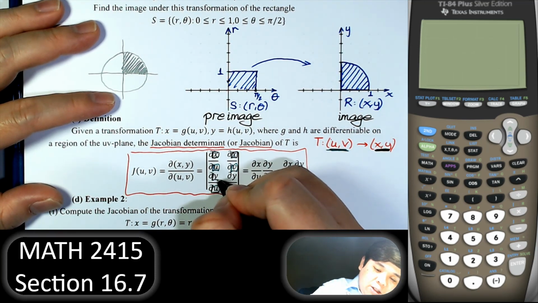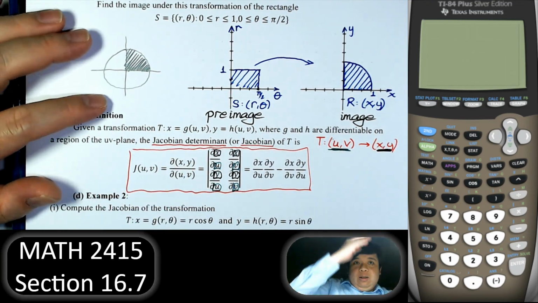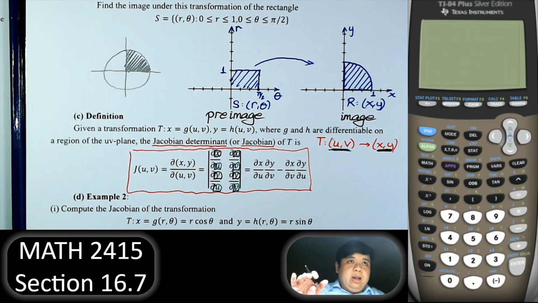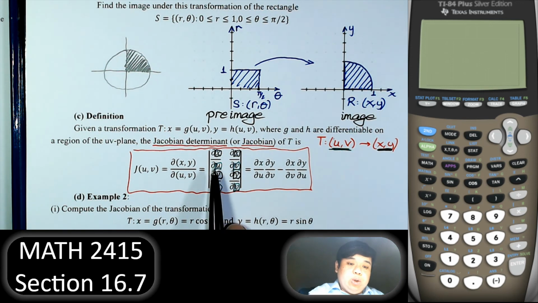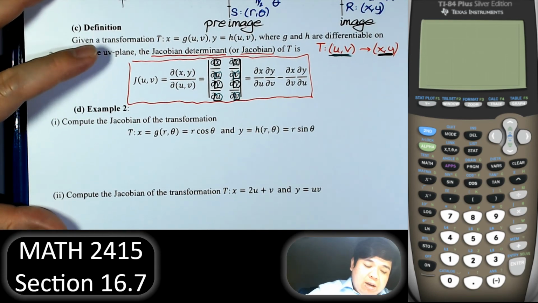So the xy correspond to rows and the columns correspond to the variable that it depends on. Right, and 2 by 2, so just cross multiply and subtract. That will be easy. So let's look at the first example.